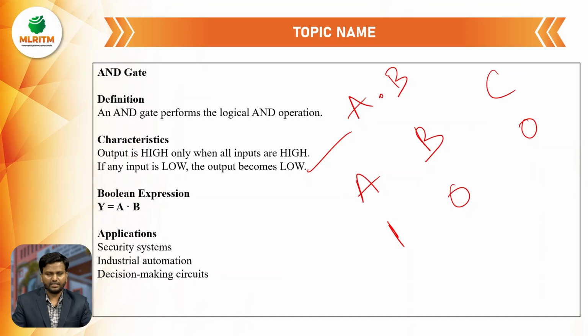So if any input is low, the output becomes low. The Boolean expression is y equals A into B. Application scenarios: AND gates are used in security systems, industrial automation, and decision making circuits.